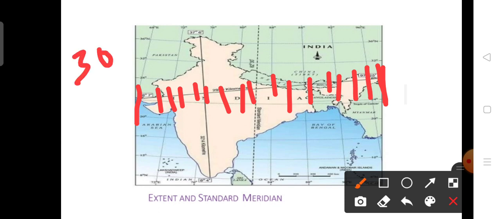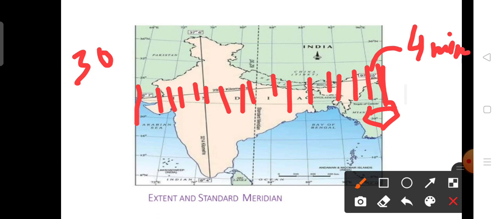And as we know that the sun rises from the east, one more fact I want to tell you is that for crossing one meridian, that is one longitude, the sun takes 4 minutes.